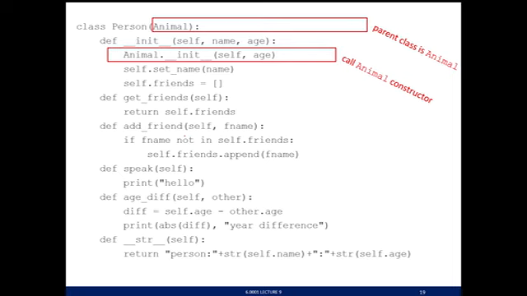First thing the init method's doing is calling the animal's init method. Why am I doing that? Well, I could theoretically initialize the name and the age data attributes that animal initializes in this method. But I've already written code that initializes those two data attributes, so why not just use it?